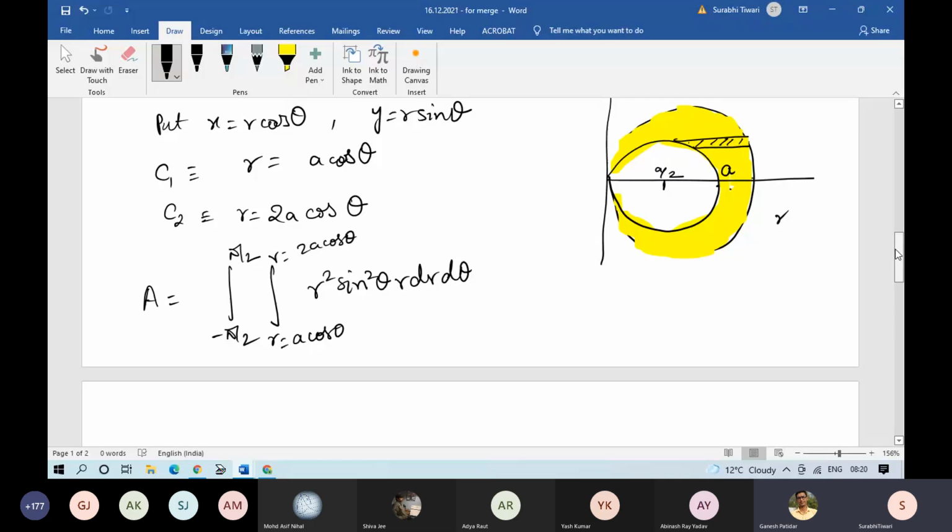Now you calculate the integral, not the area.